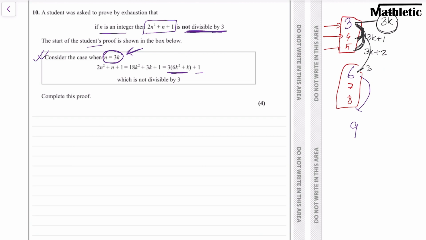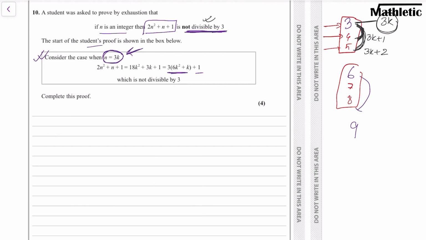So we need to actually work for 3k, 3k + 1 and 3k + 2, and we will try to figure out whether these are divisible by 3 or not. Because it's not possible to keep on working with each of these data, right? So you just show working for one complete cycle, 3, 4, 5, then you are done.